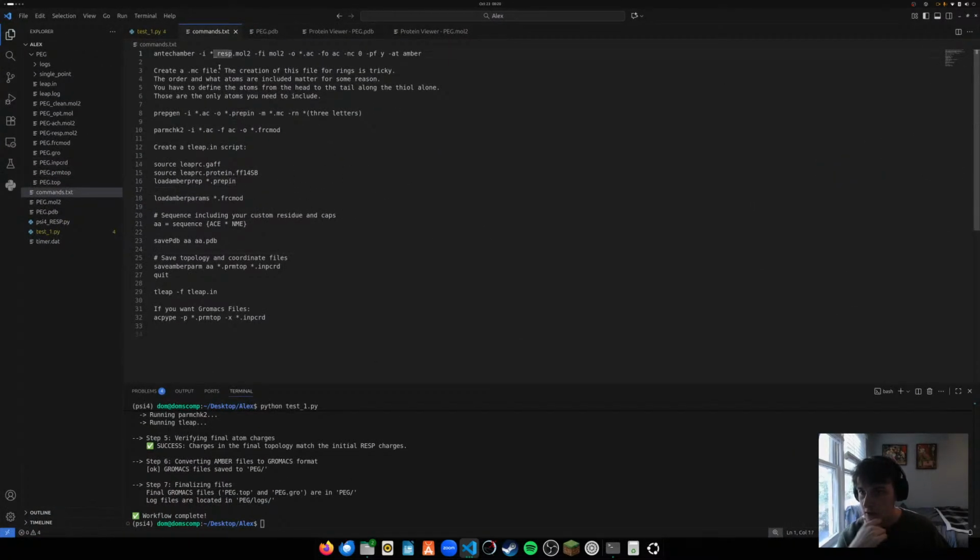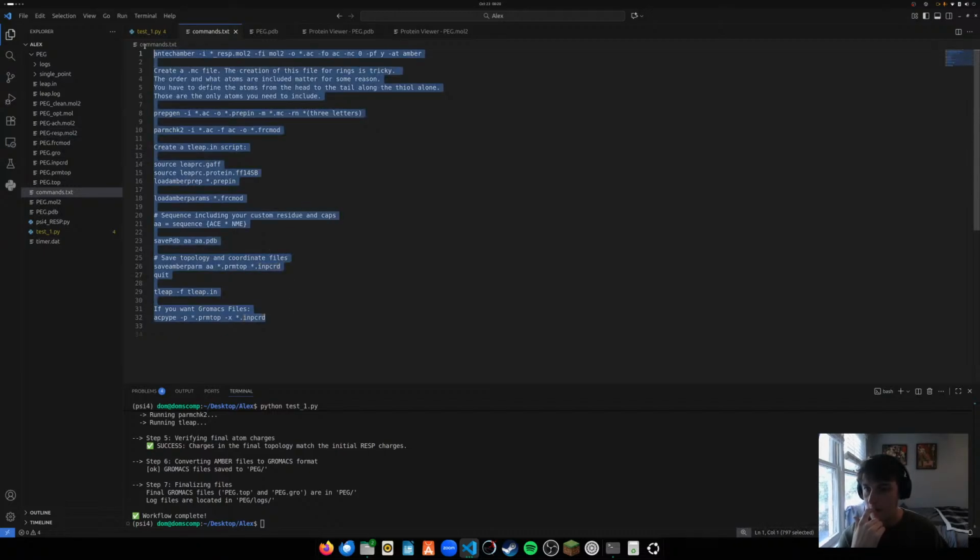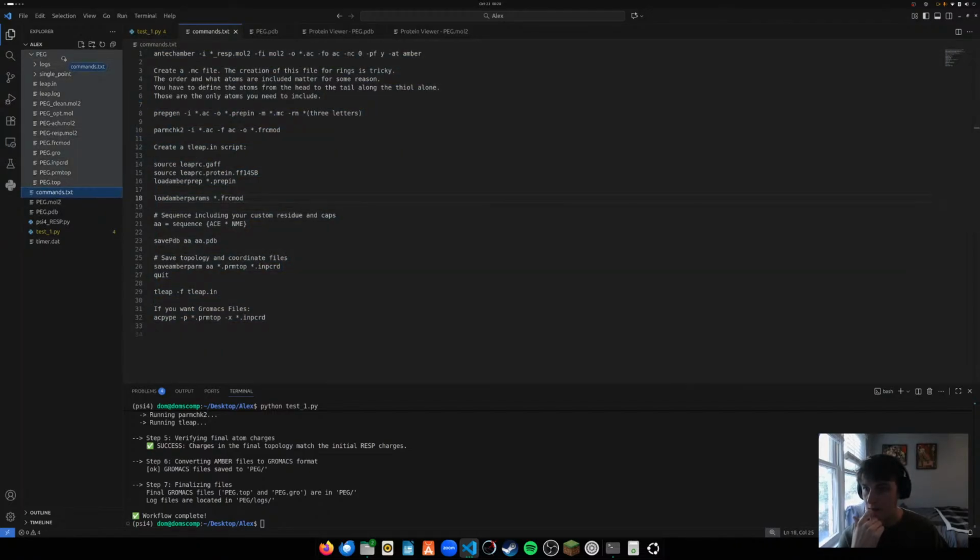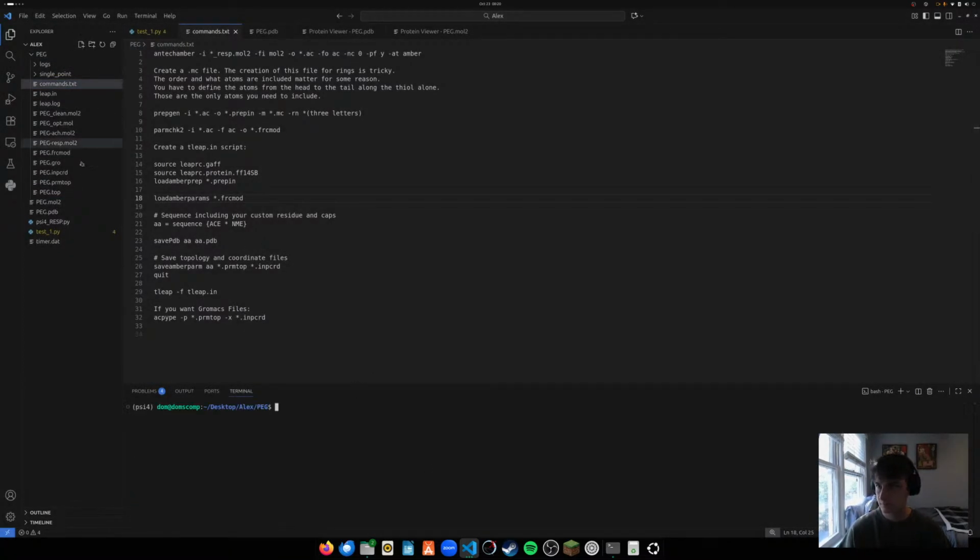So let's change these commands real fast. Or should I just do this in this directory? Yeah, I think so. So let's move this in there. cd PEG. Okay.